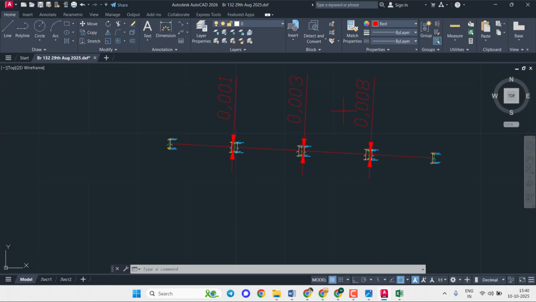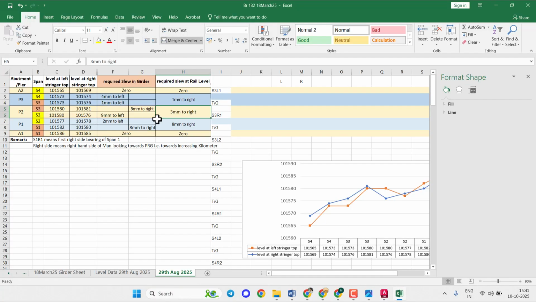Now with respect to rail level, the required slew is 8 mm to right at pier P1, and with respect to girder level we have these two big values at P2, and also we have some value at P1 also, 8 mm right.